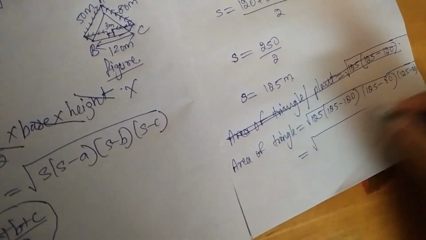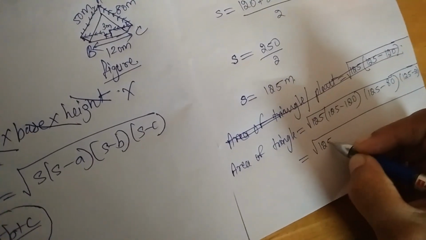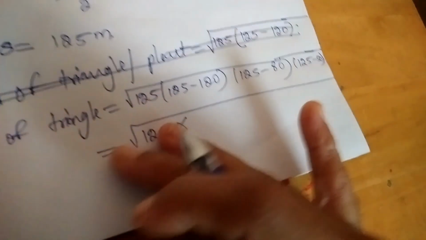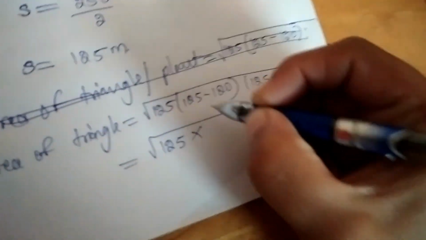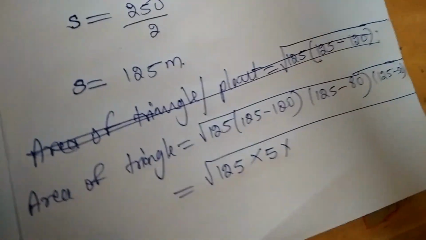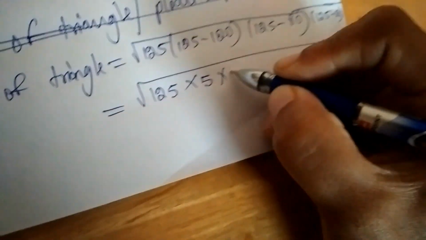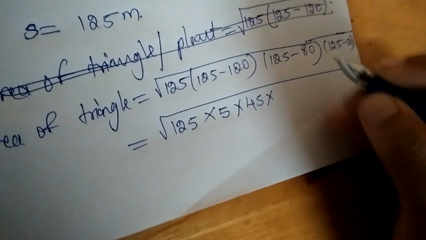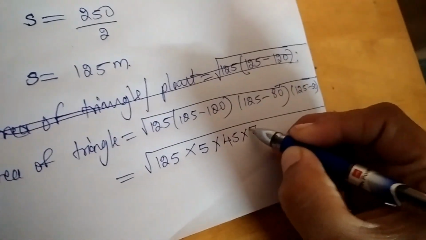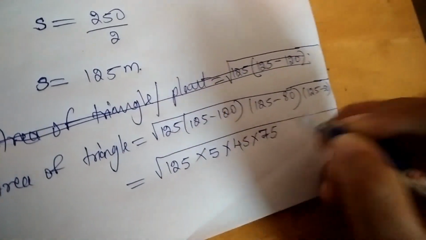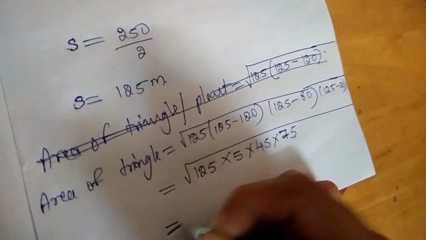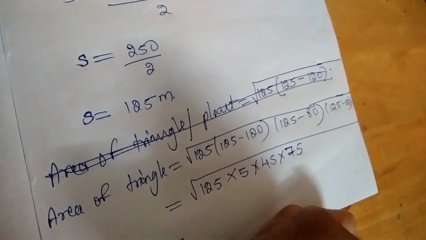Calculating this: 125 minus 120 is 5, 125 minus 80 is 45, and 125 minus 50 is 75.